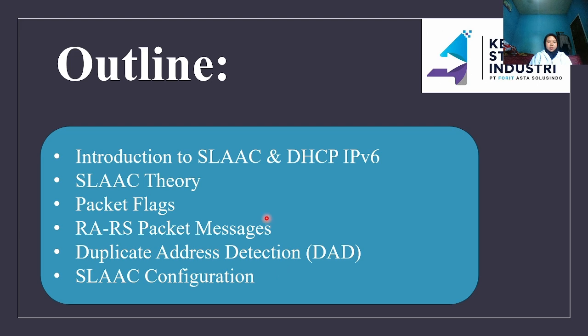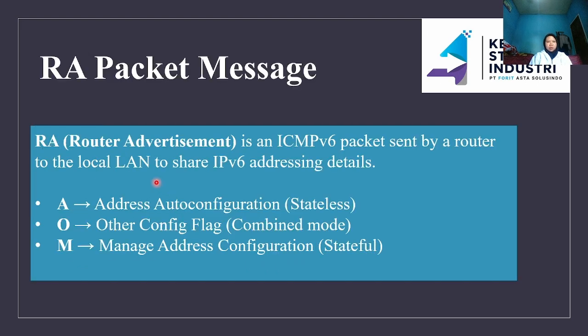Now, let's move on to the packet flags. Here, we are going to discuss the packet flags found in the router advertisement (RA) message. Router advertisement is an ICMP packet sent by a router to the local LAN to share IPv6 addressing information. The RA message contains three flags. The first one is A, which stands for address autoconfiguration.